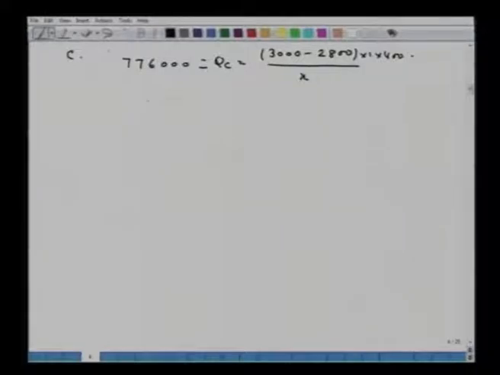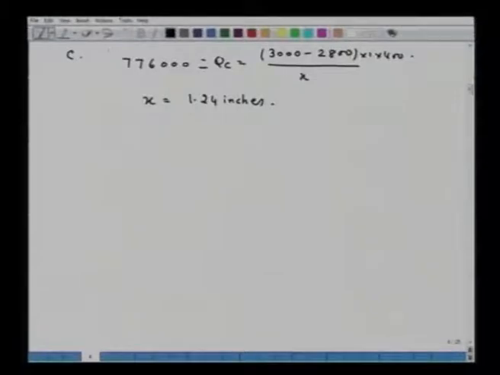So, this x, the thickness, will come to be 1.24 inches. That means the wall of the furnace which is exposed to 2800 degree Fahrenheit is 1.24 inch thick.